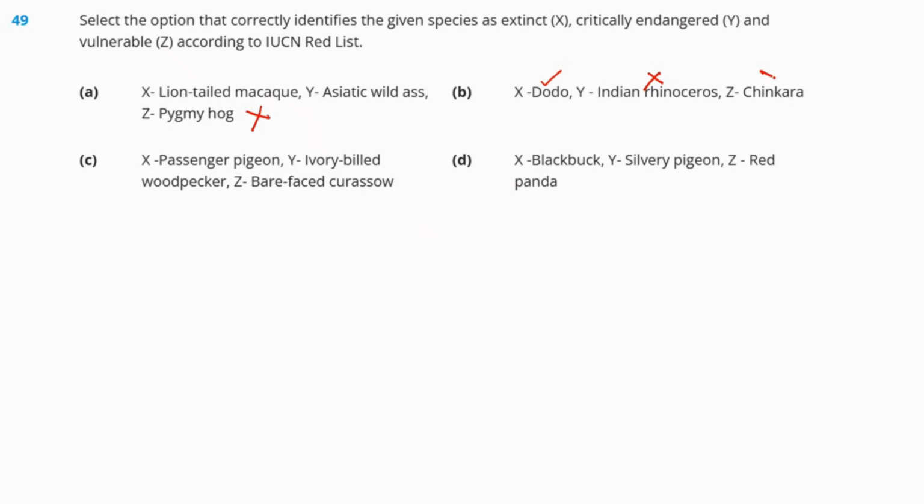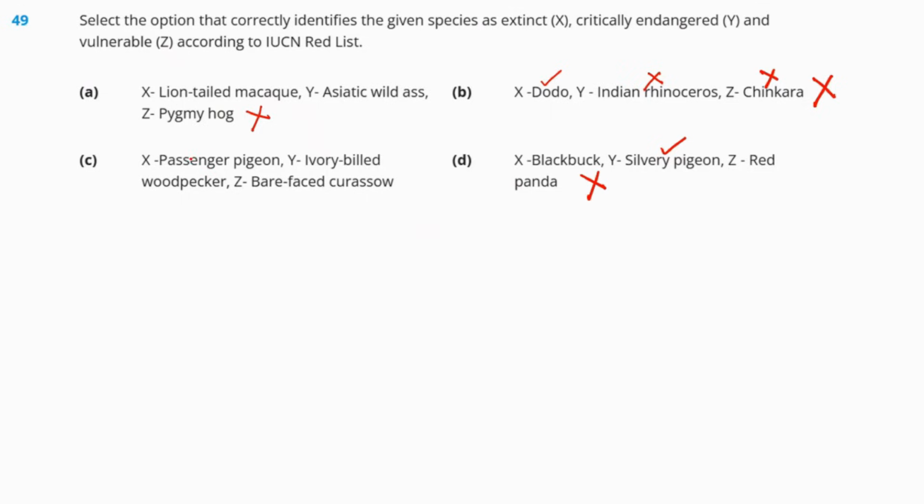Okay, so option B is not our option. Option D, black duck, it is least concern. Silvery pigeon is critically endangered. And red panda is endangered. It is not vulnerable. So D is also not our option.